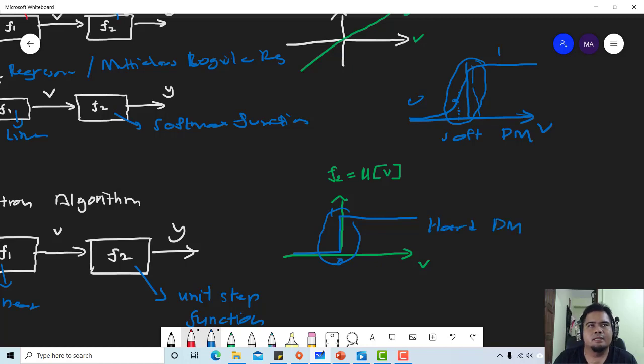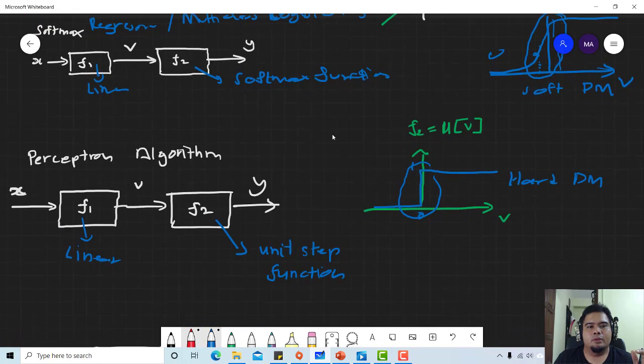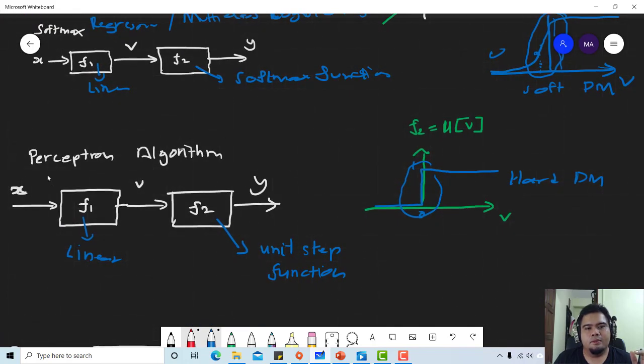So that is the history of the evolution of classification or linear regression. The disadvantage of the perceptron algorithm is that it consists of hard decision making. So from time to time they try to improve the perceptron algorithm.